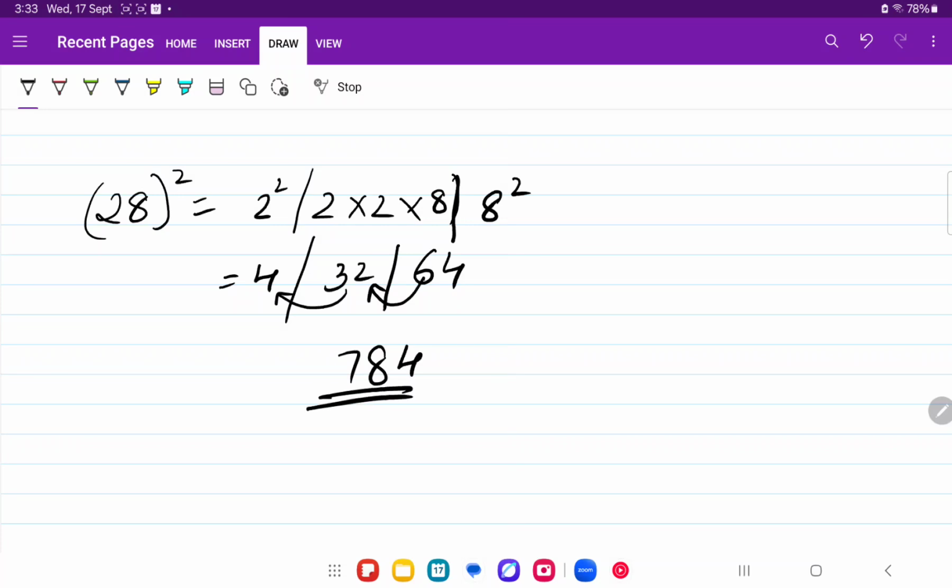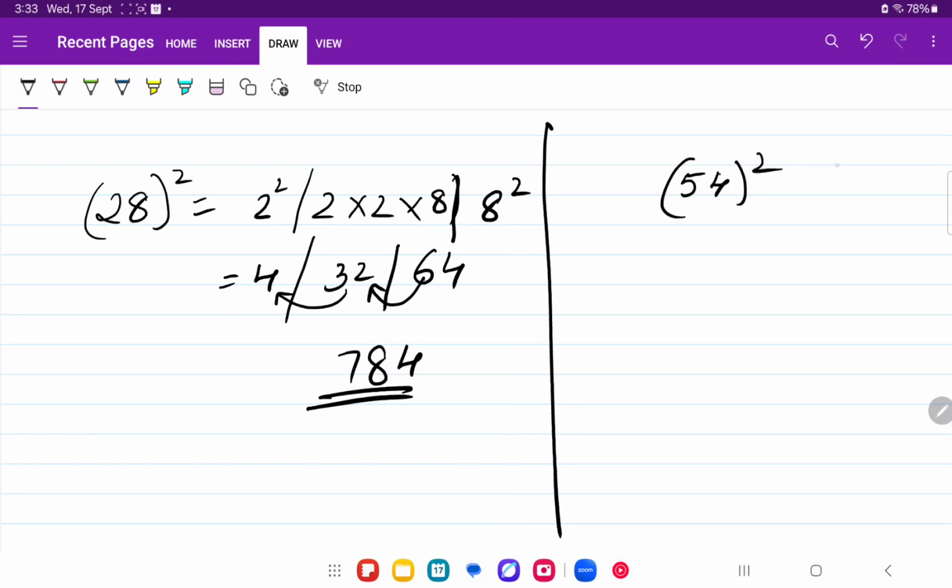See how fast it goes. Within a fraction of seconds, you can easily do the sum quickly and accurately. Right? If you know the tables from 2 to 9, finding squares becomes so easy. Right? Okay.